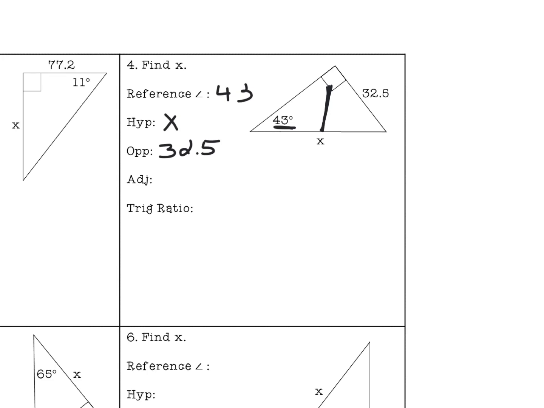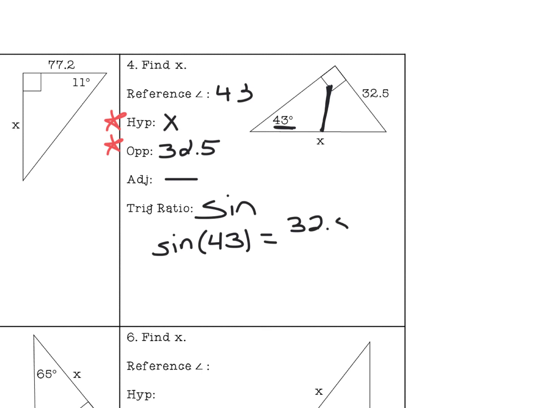What is adjacent? Nothing, right? So what trig ratio uses hypotenuse and opposite? Sine. So how do we set this up? Sine of 43, and then opposite is 32.5 over x.